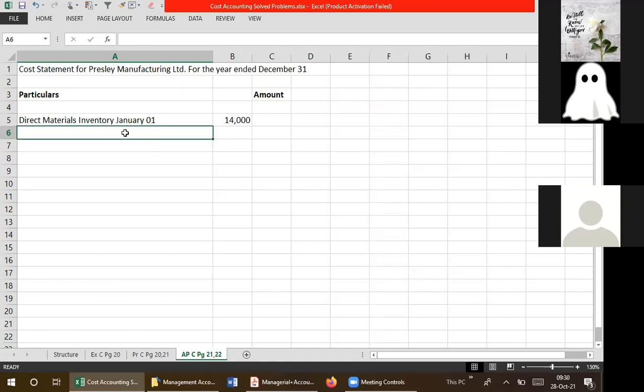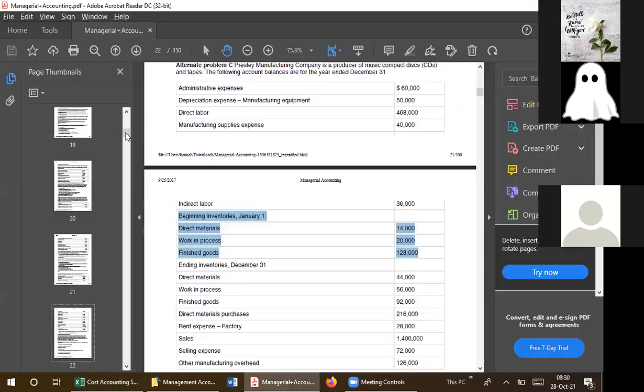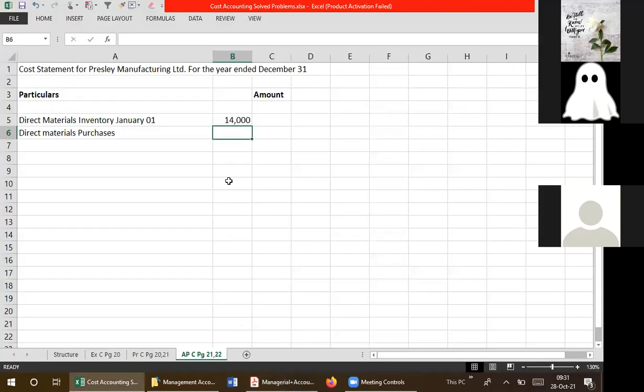Then we have direct material purchases. Direct materials purchases here it is 216,000.